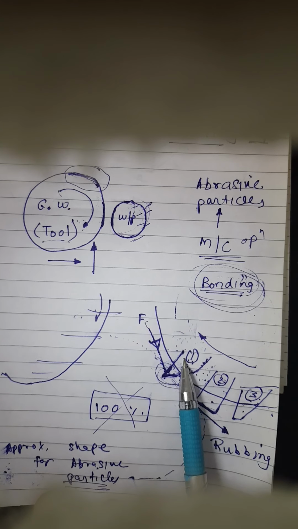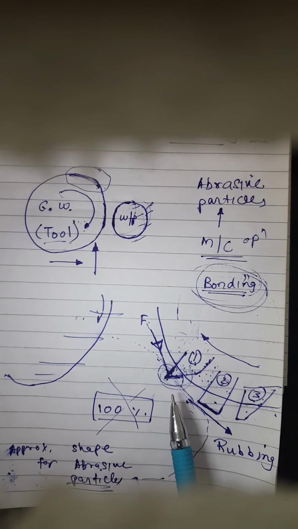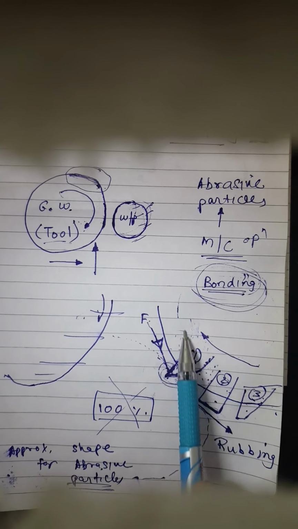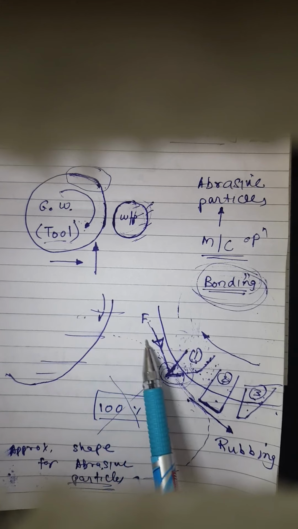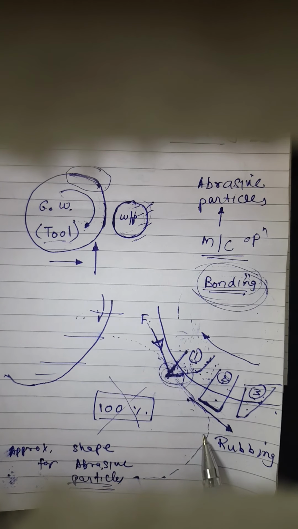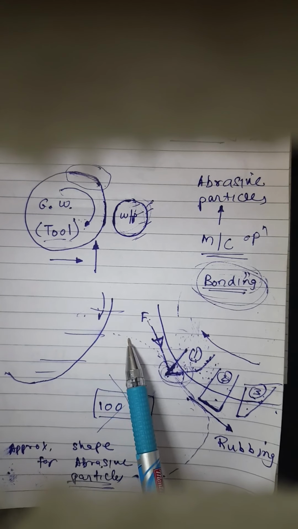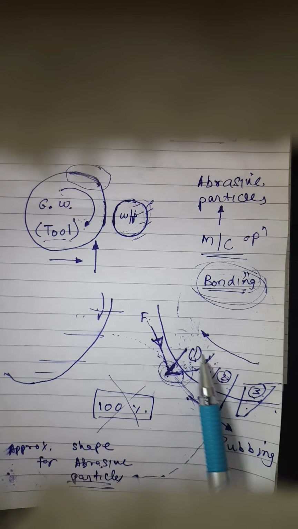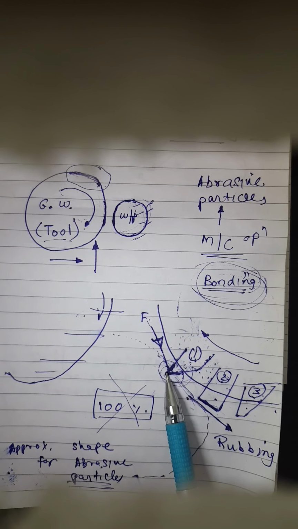Fine. Now let us talk about the first particle, and that is how we'll try to understand the operation. As the wheel is rotating in clockwise direction, I'll also put this dotted line, which is the surface of the workpiece. This small sector, I've shown with the dotted line here. When the grinding wheel is rotating, this particle at some point of time comes in contact with a fresh workpiece surface.